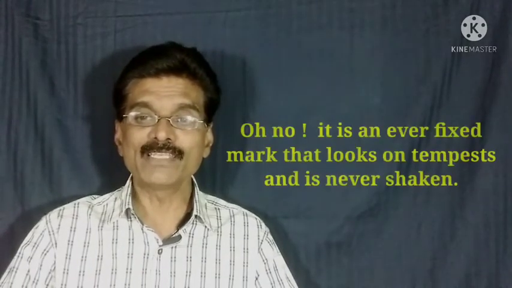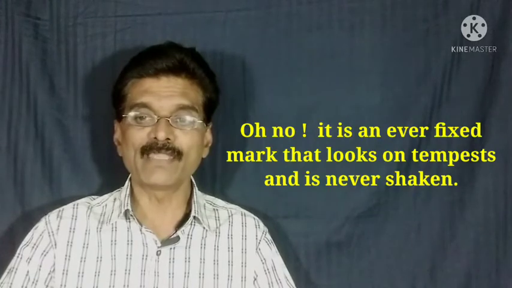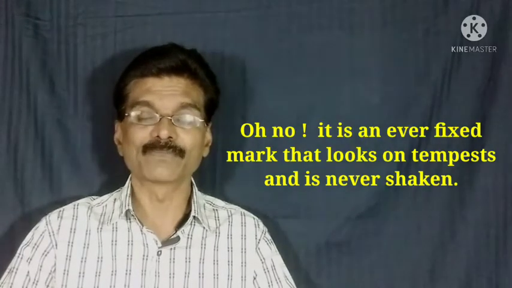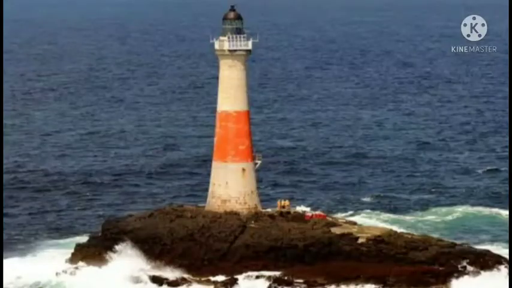Oh no, it is an ever fixed mark that looks on the tempest and is never shaken. Now he is giving an example of how strong it should be. He gives the example of a lighthouse which is fixed at the harbors. It is a very strong one.